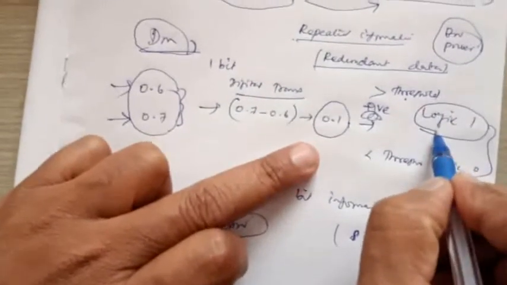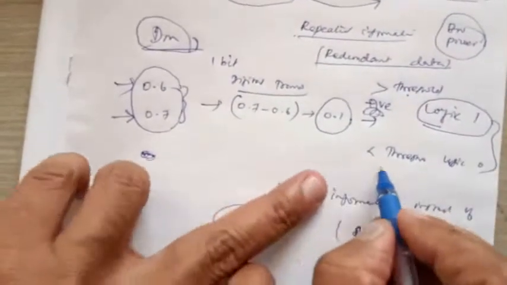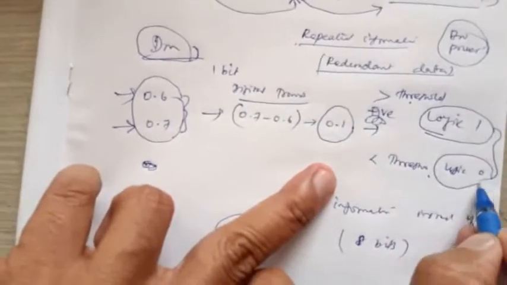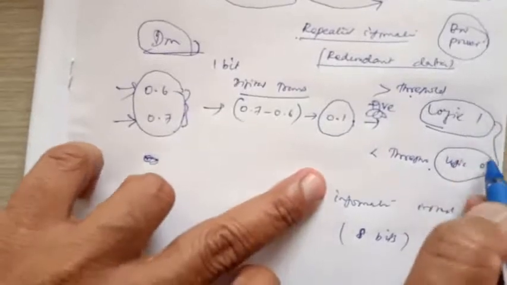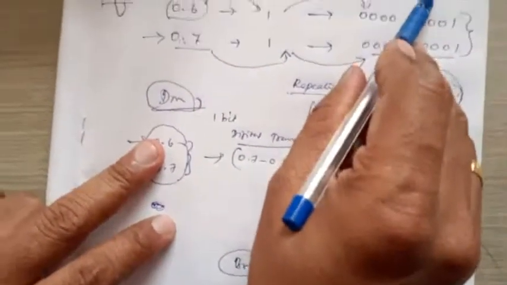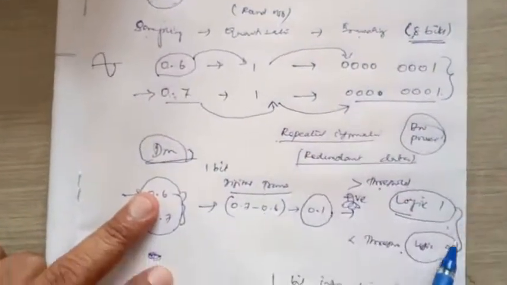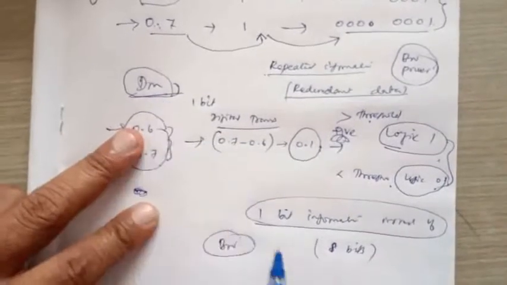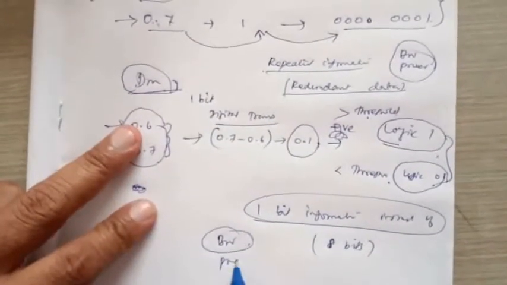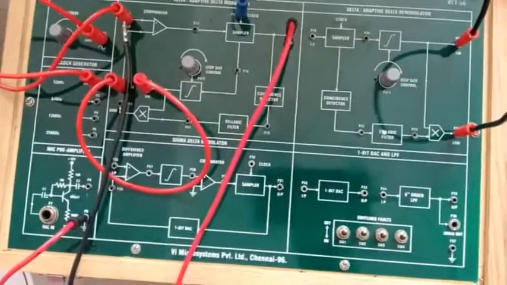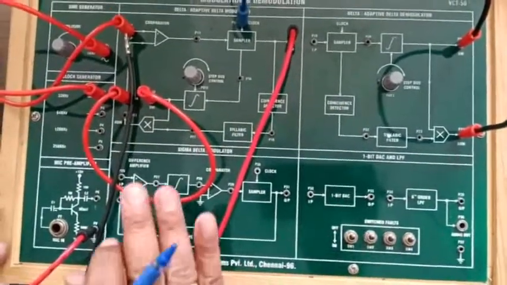If the difference is less than the threshold, we transmit logic 0. In this way, we transmit only 1 bit of information instead of 8 bits. That is why in delta modulation, bandwidth and power are both saved.